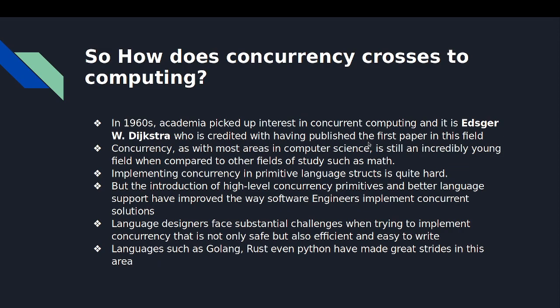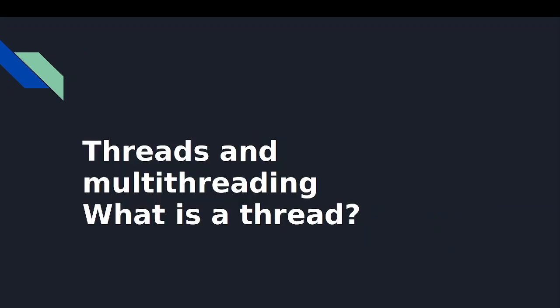So there is this concept here. When it comes to concurrency, there are concepts that come out of concurrency as a way of implementing concurrency. And at a practical level, we want to look at the manifestations of concurrent programming. And these two things are threads and multithreading.